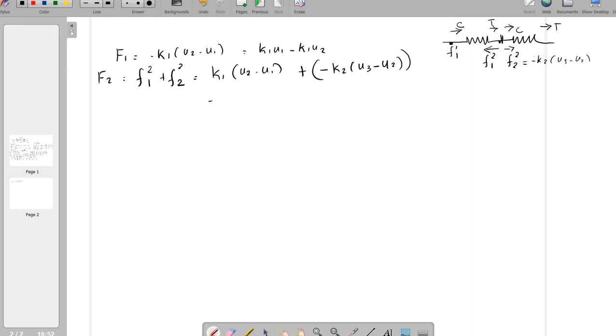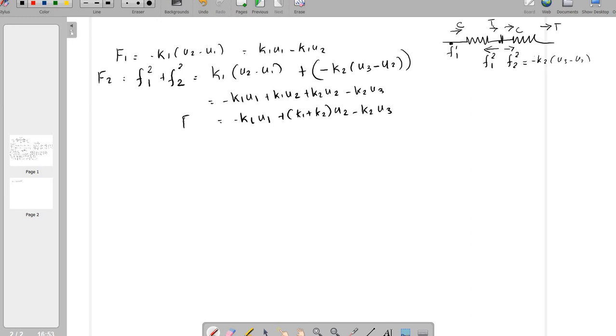So I am going to arrange in terms of U1, U2, U3. So minus K1 U1 plus K1 U2 plus K2 U2 minus K2 U3. So minus K1 U1 plus the summation of K1 plus K2 for U2 minus K2 U3.